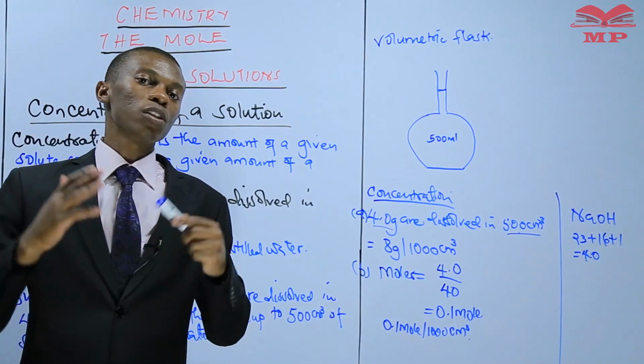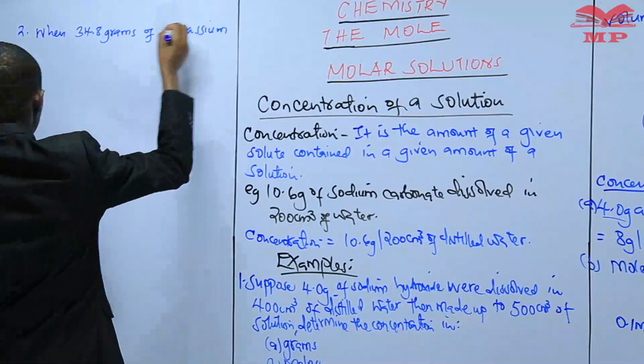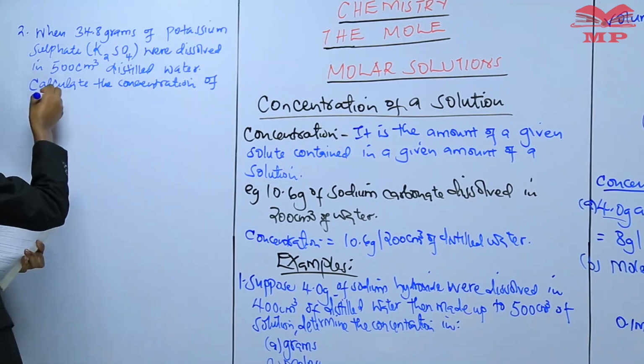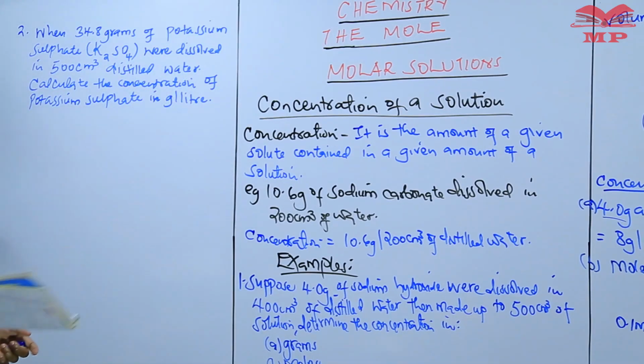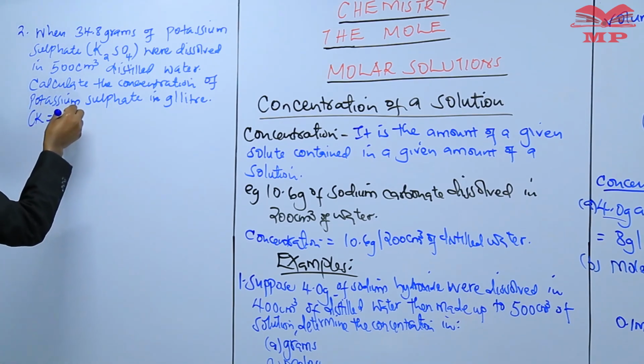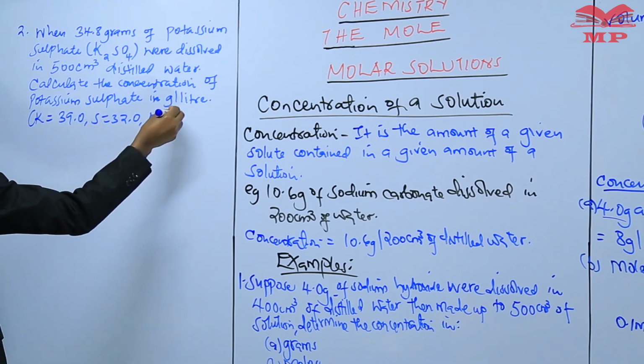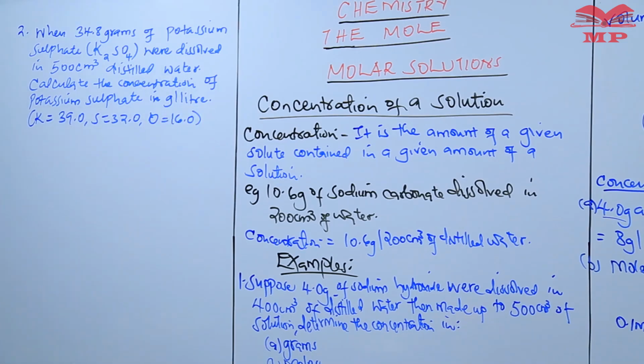I want us to do one more example, the second example. 34.8 grams of potassium sulfate were dissolved in 500 centimeters cubed of distilled water.